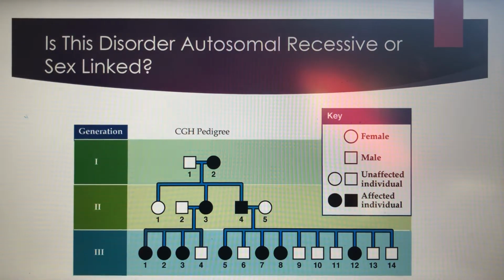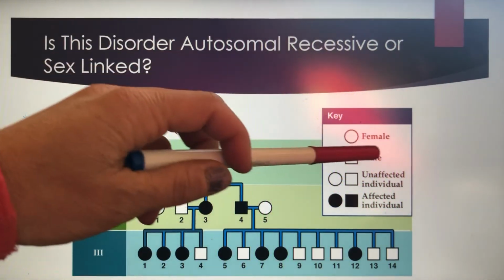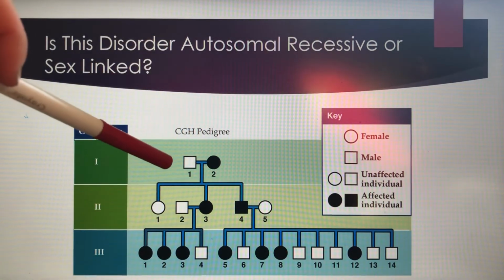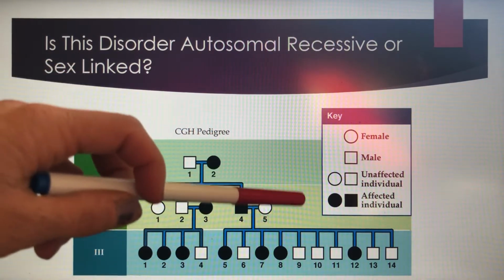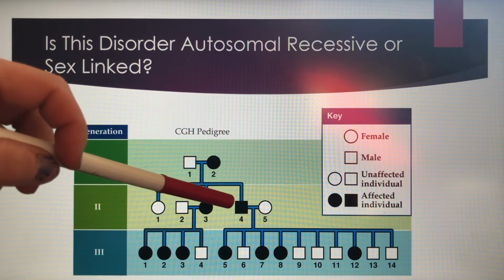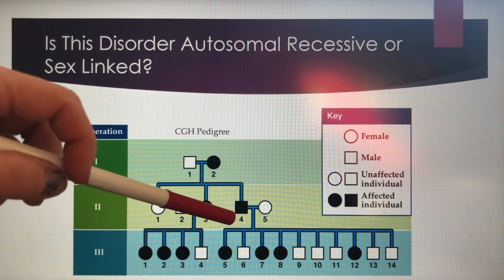But we're going to look at this a little bit more because dad can't be a carrier, right? So that kind of makes me think, if dad can't be a carrier, then this is probably not sex-linked. And again, the male here is not affected. So she got a good one from her dad. So if you look here at this dad, this one makes me kind of question it a little.